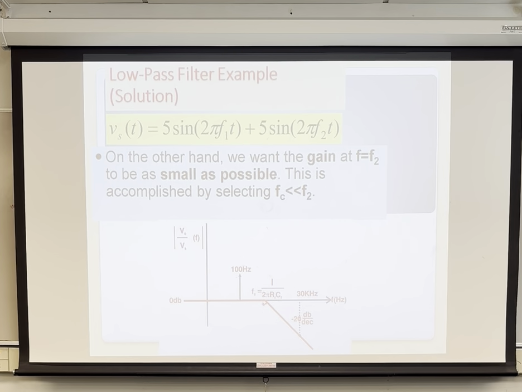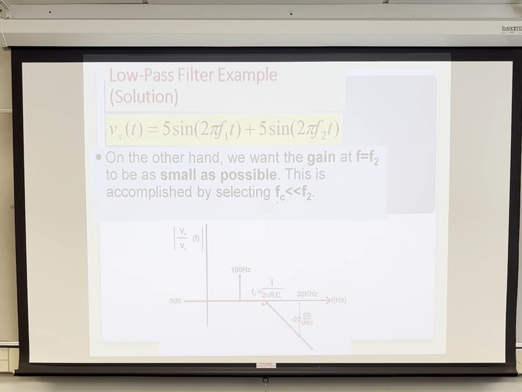So you have two requirements. Your cutoff should be away from your desired frequency to pass through, and it also should be far enough away from the interfering frequency such that the 30 kilohertz can get pretty far down.